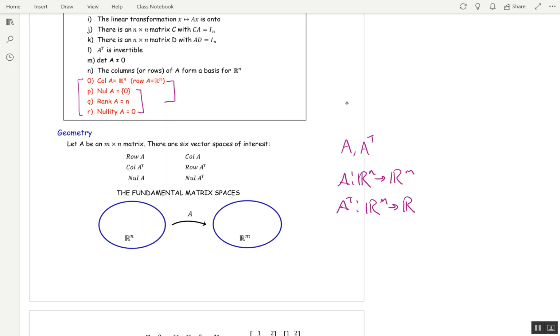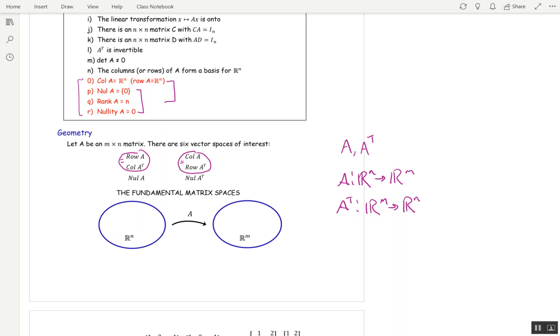That's a little n. So although there are actually six vector spaces, only four are unique. Row A is the same as col A transpose, and col A is the same as row A transpose.